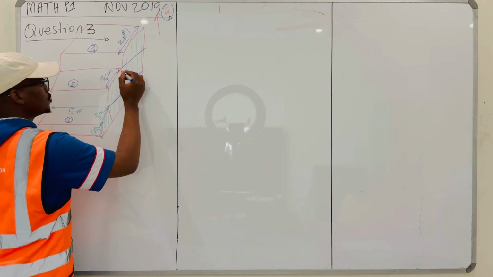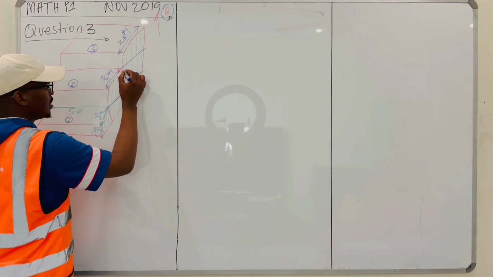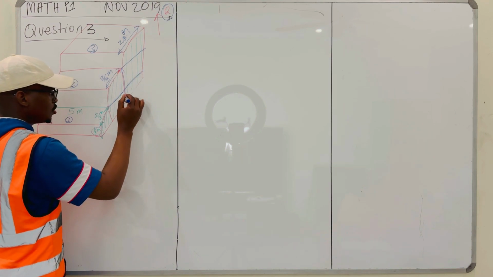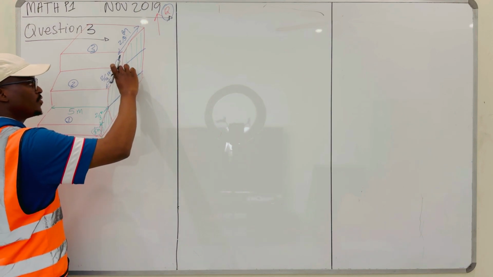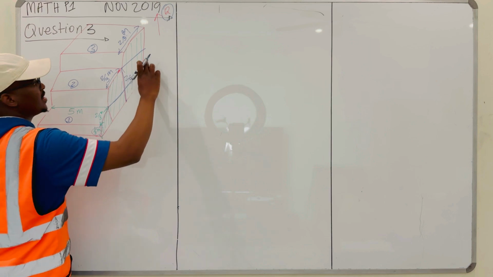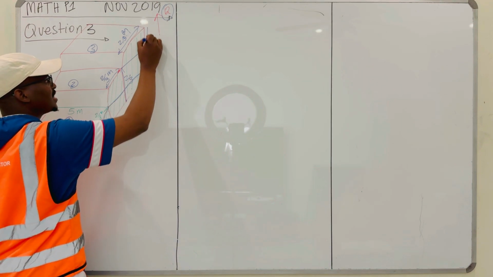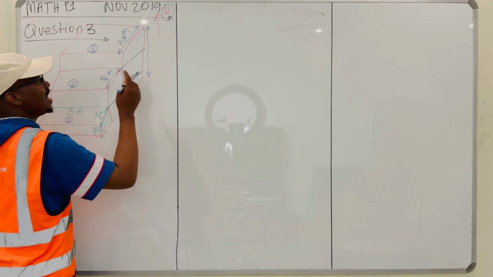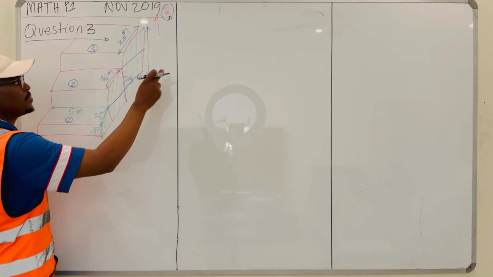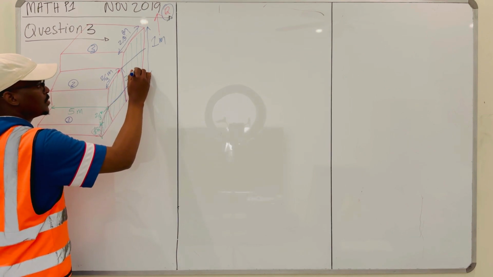So coming to the height of the second one, the height from the base to the first 1/3 and the second 1/3. So the entire height will be 2/3. Then the height of this one, the first 1/3, second 1/3, third 1/3. There are three 1/3s here, right? Add 1/3 plus 1/3 plus 1/3. That should give you a meter. That's 1 meter.